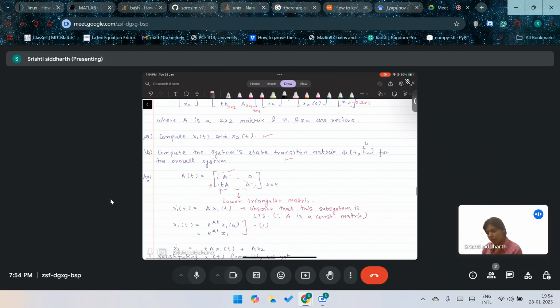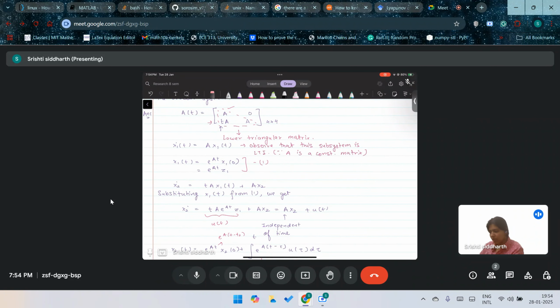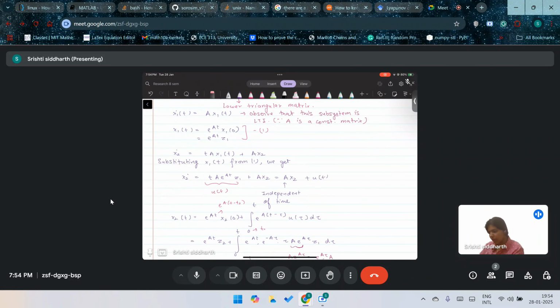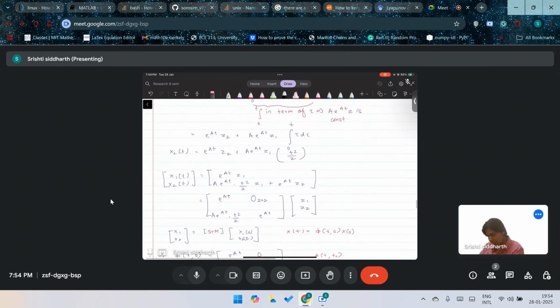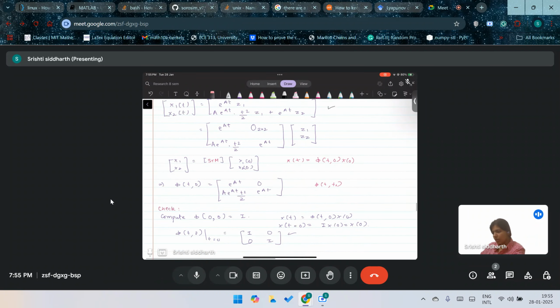It has an upper triangular matrix form, and then we observed that this can be decomposed into two subsystems. So we can find out x1 easily using the solution for the LTI system and then substitute it to find x2. Alright, so these are just computations, and we found out what x1 and x2 were. And to get the state transition matrix, we just wrote it in this one.